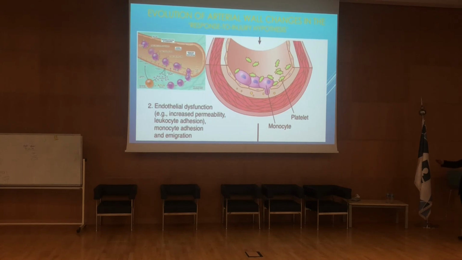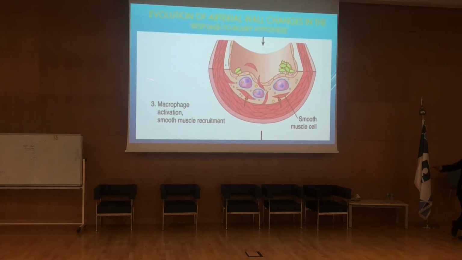So once the monocytes are down, there is increased permeability, leukocyte adhesion, monocyte adhesion, and migration comes down. Secondly, macrophage activation and smooth muscle recruitment, the second phase. Now the smooth muscles are coming either from the media or from the lumen. Clear? Please stop me if you have not understood.